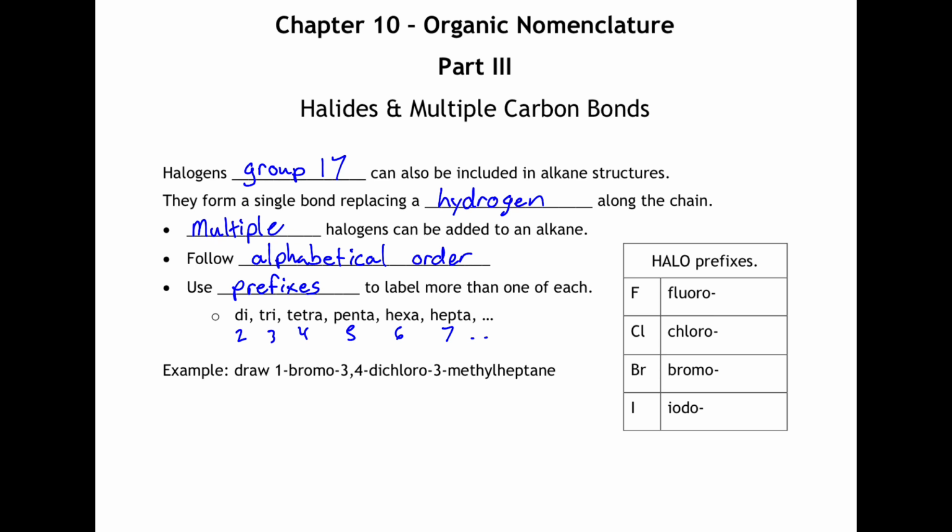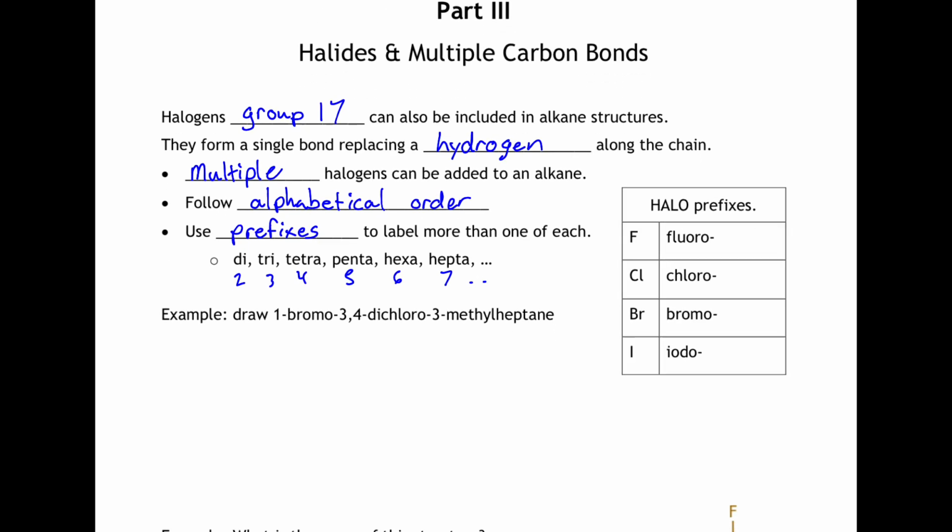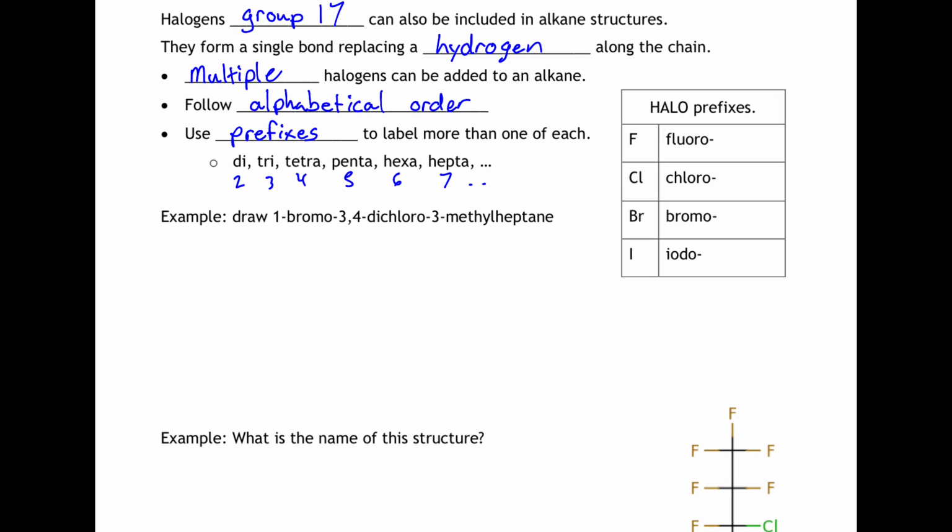with some halogens. So we still follow all the same rules of naming that we did in the last lesson. We start with a long parent chain and then replace hydrogens as necessary. So what is my parent here? It's a heptane, so we're going to have a 7-carbon chain.